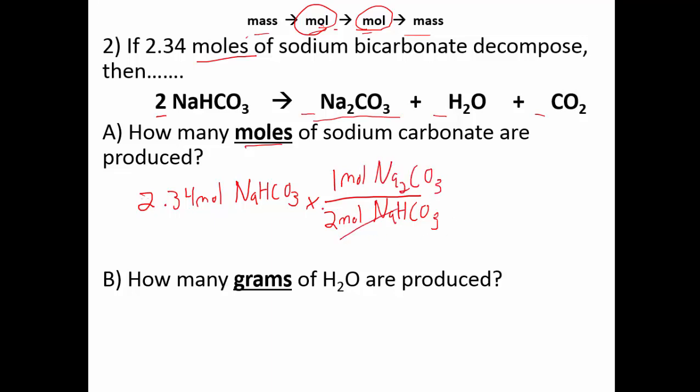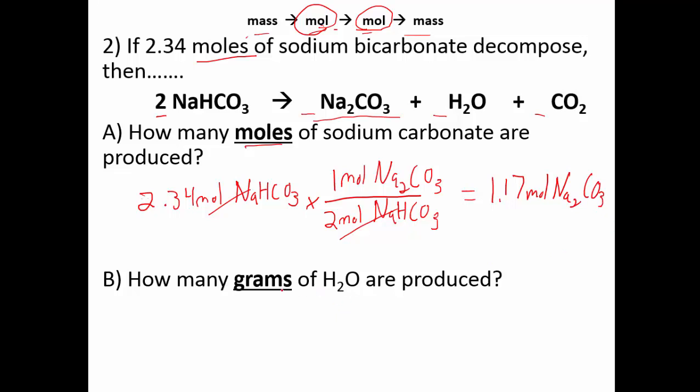So units on the bottom will cancel, leaving us with the desired unit of the sodium carbonate, numbers on top multiplied, divided by that number on bottom, and we get 1.17 moles of sodium carbonate.